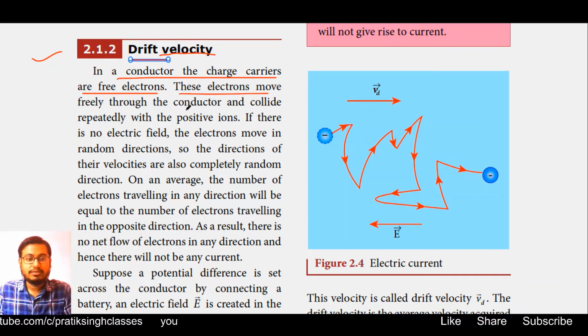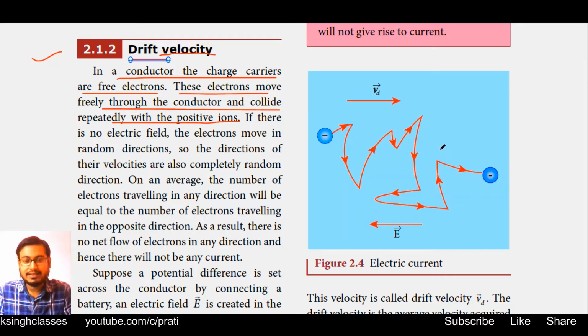These electrons move freely in the conductor and collide repeatedly with the positive ions. So what really happens here is there are a lot of free charges. They move from one place to another in such a way that they collide with each other as well as with positive ions also. And because of that collision, at every instant of their movement, their direction is constantly changing.